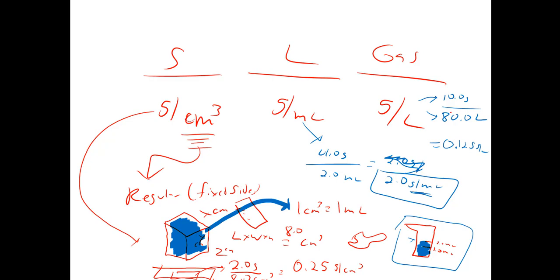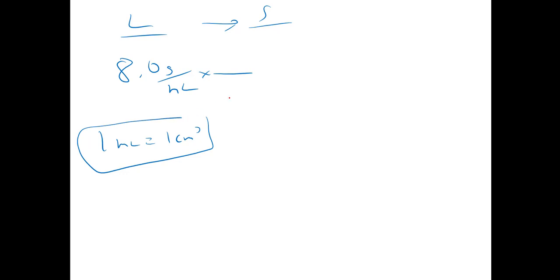Now it is possible to convert from one unit to another, because substances such as water can actually change from a solid to a liquid, so then you'd have to use slightly different units. So let's investigate that. If I had 8.0 grams per mil, and this was a liquid, and I wanted to figure out what it is in a solid, then I'd simply have to do a compound conversion that we studied earlier. 1 mil is always equal to 1 centimeter cubed.